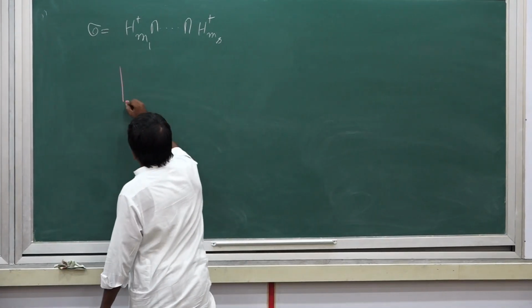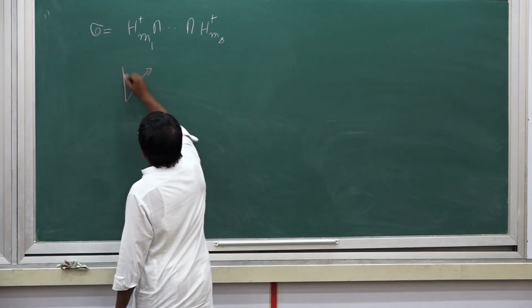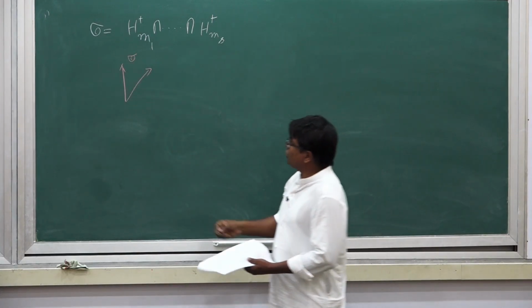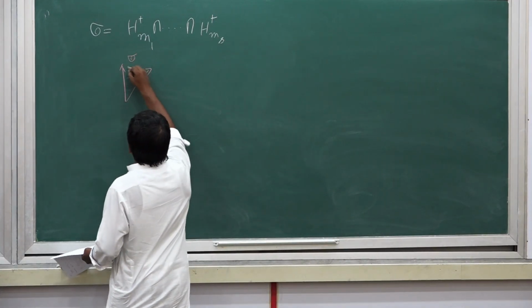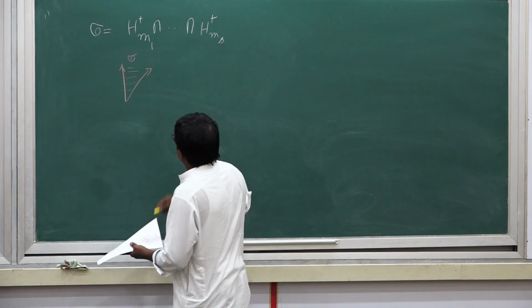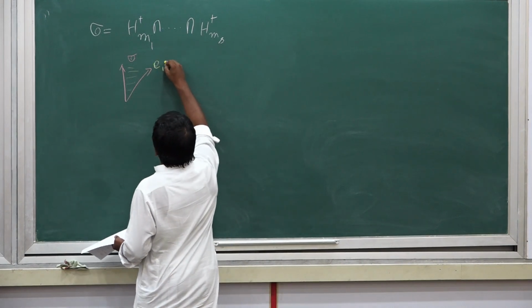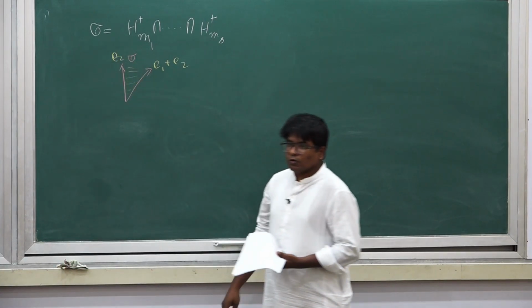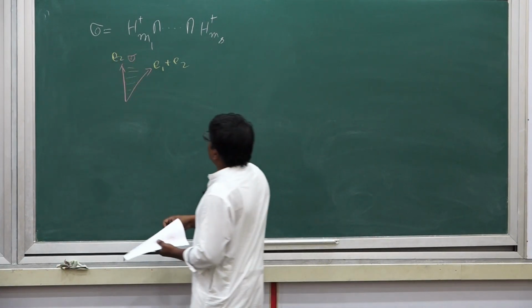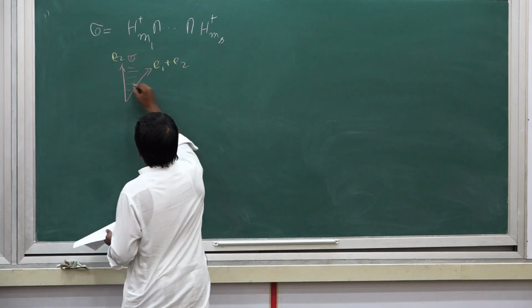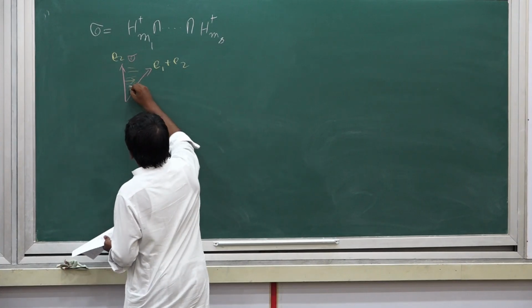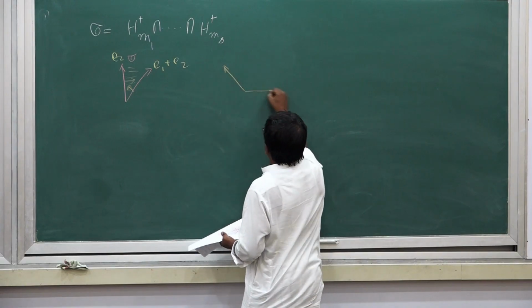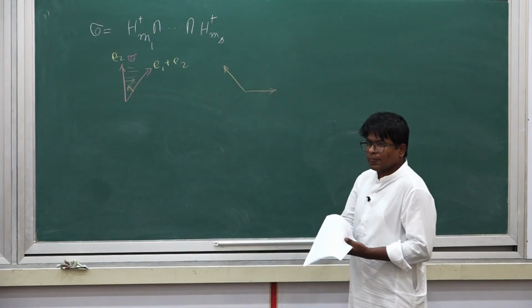So, let us say this is your cone. So, this is your sigma. So, this cone is generated by two vectors, E1 plus E2 and E2. Okay. And now, the corresponding dual I can create in this way. So, the dual cone is this one. Okay.